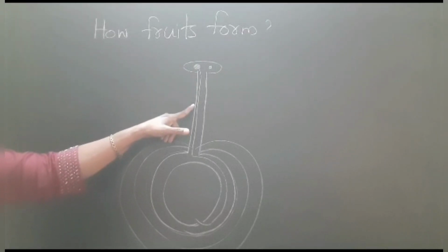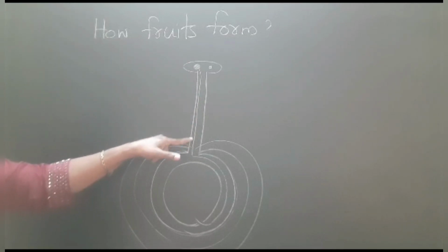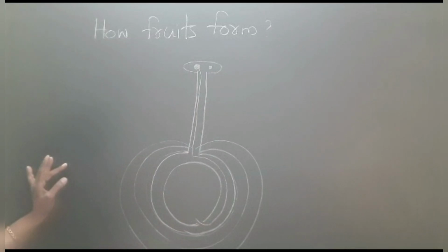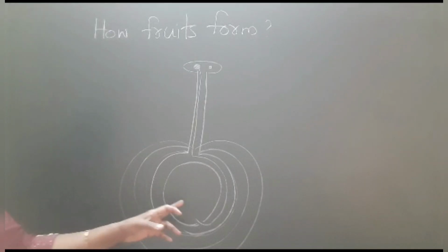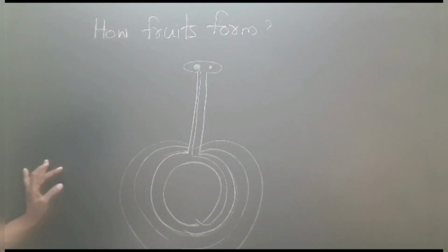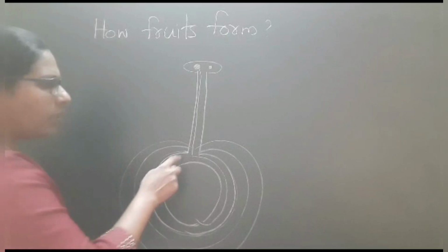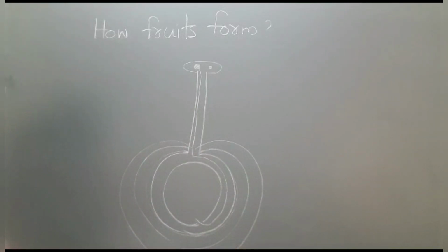These male gametes travel through this tube and come to the ovule, and fertilization takes place. It fuses with the egg or female gamete in the ovule and forms a seed. After this fertilization, the ovary starts growing and develops into a fruit. That is how fruit forms.